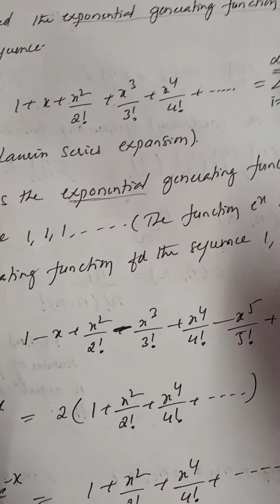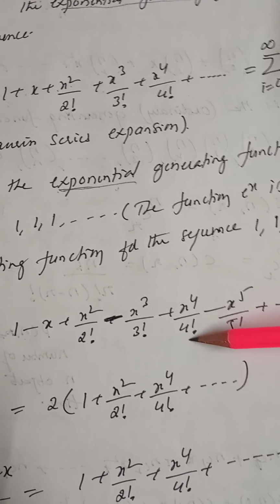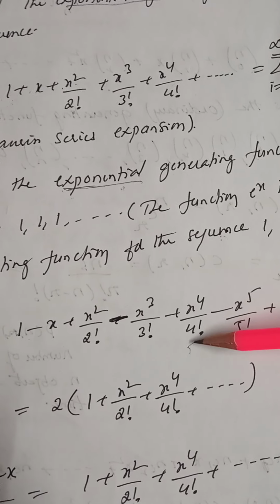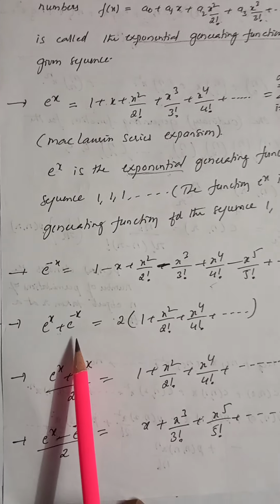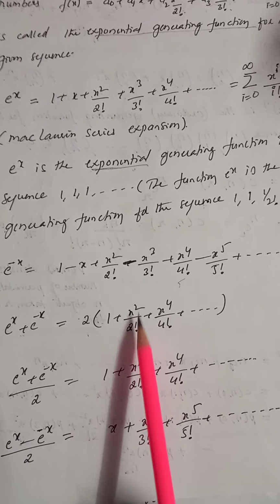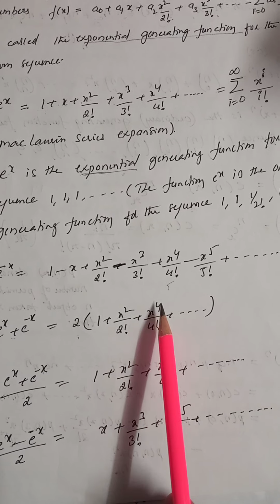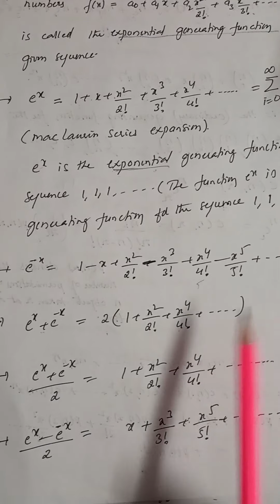X to the power of 4 by 4 factorial plus x to the power of 4 by 4 factorial is 2 into x to the power of 4 by 4 factorial. Next term will be 0 and so on. That means e power x plus e power minus x is equal to 2 times 1 plus x square by 2 factorial plus x to the power of 4 by 4 factorial plus so on, right?